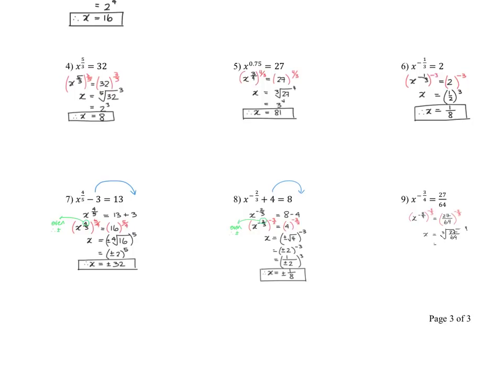According to our exponent rules for distributive property, this is the same thing as the cube root of 27 over the cube root of 64, and all of that raised to the exponent of negative 4. So the cube root of 27 will be 3. The cube root of 64 will be 4. So 3 over 4 raised to the exponent of negative 4.